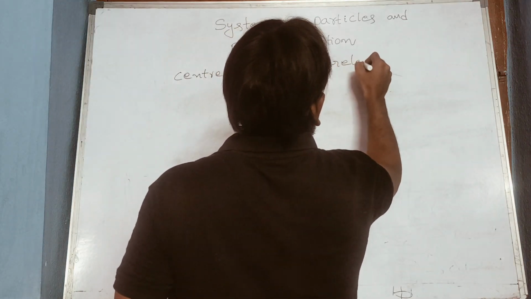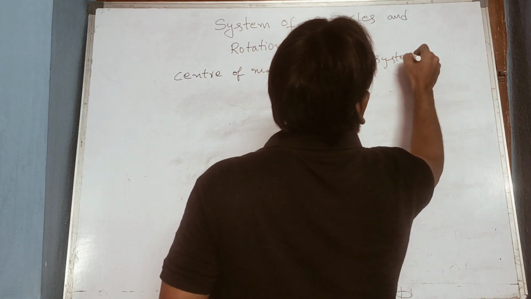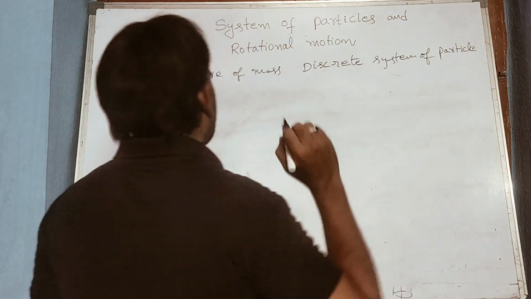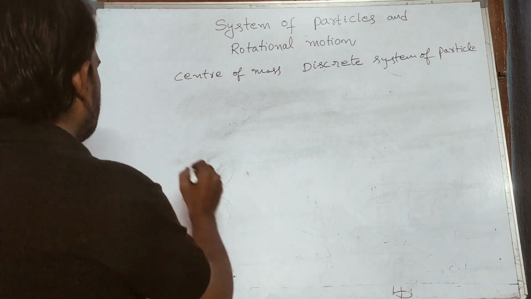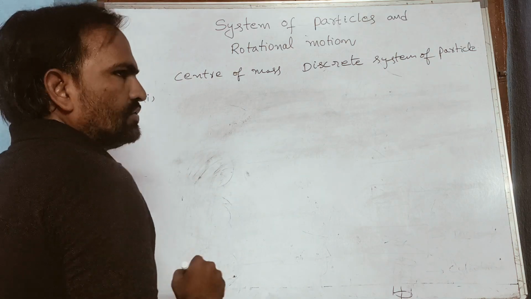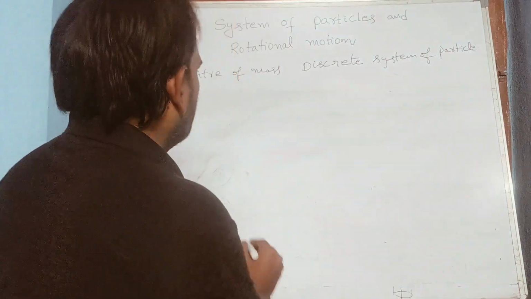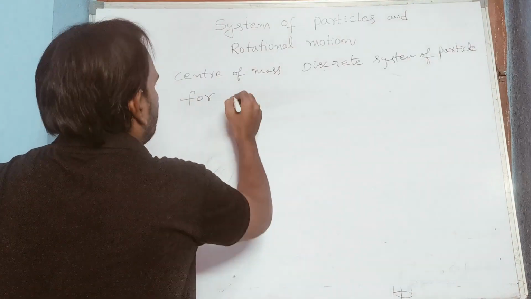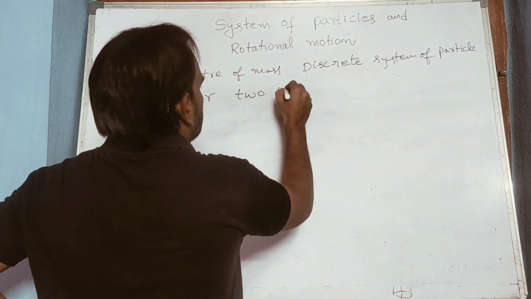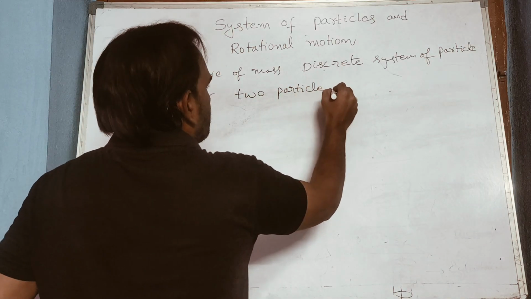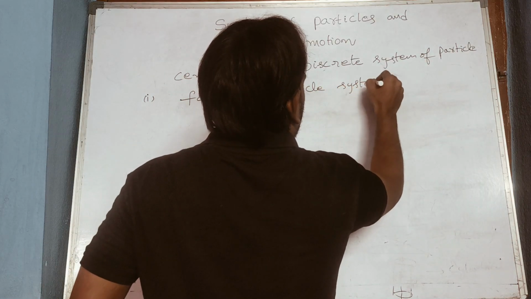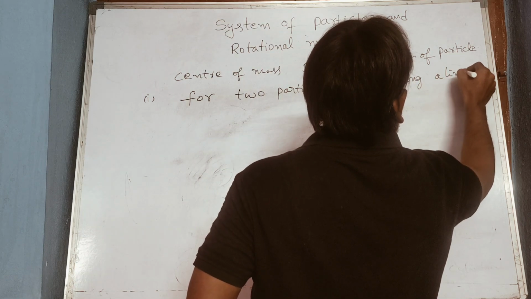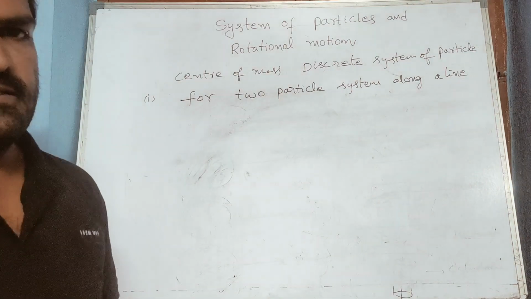First, for a two-particle system along a line, how can you find the center of mass?